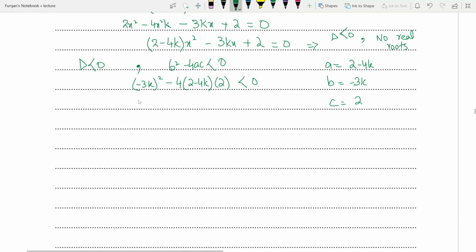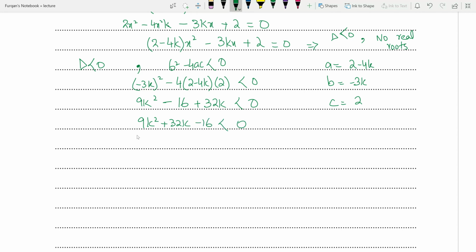Solving this, we have 9k squared minus 16 plus 32k less than 0, which is 9k squared plus 32k minus 16 less than 0. This is the inequality.